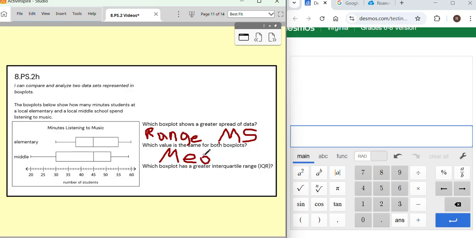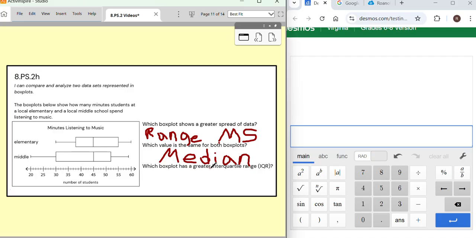But let's also check the lower quartile and upper quartile. Okay, so median is the same. The upper quartile here is above the upper quartile there, so they're not the same. And the lower quartile here is lower than this one. So the only part that's the same is the median.